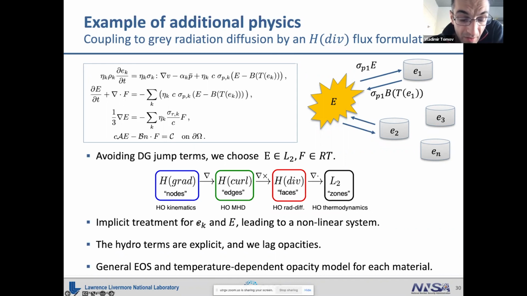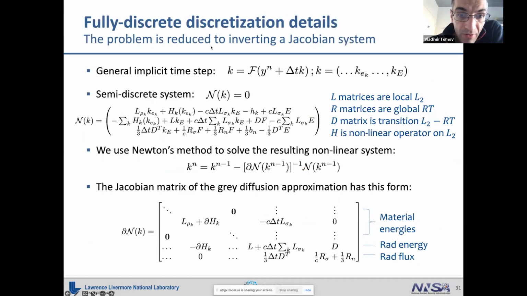It must be treated implicitly because this radiation coupling, this temperature transfer, happens on a very short time scale, while the hydro is still explicit. And this is the system. So what we do is we define this nonlinear operator.